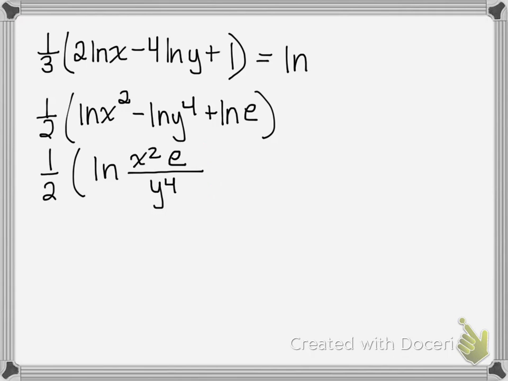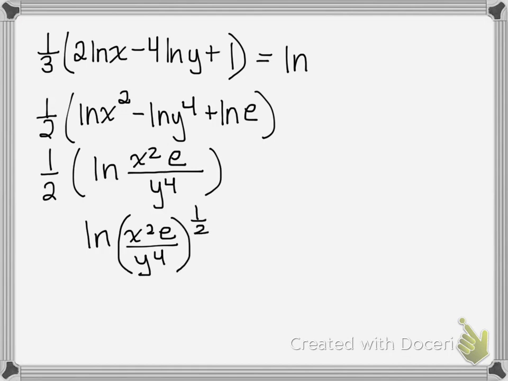Now let's go ahead and deal with this 1/2 on the outside. So I've got ln of x squared e over y to the 4th, and that argument is going to be raised to the 1/2 using the power property of logarithms. And there we've accomplished our objective.